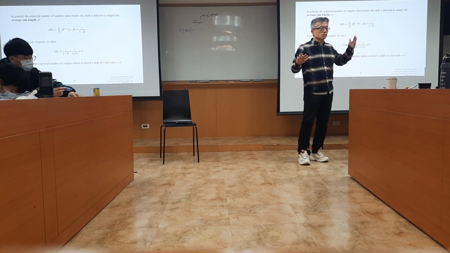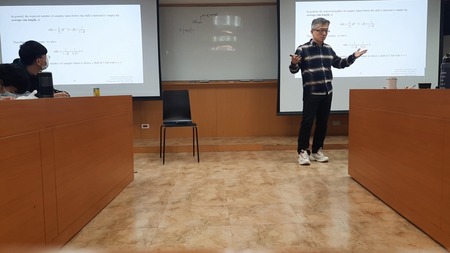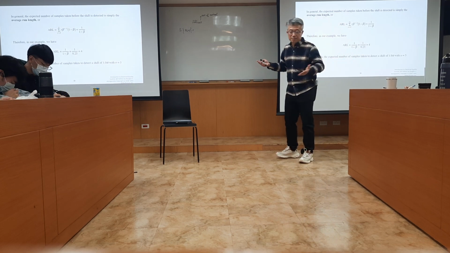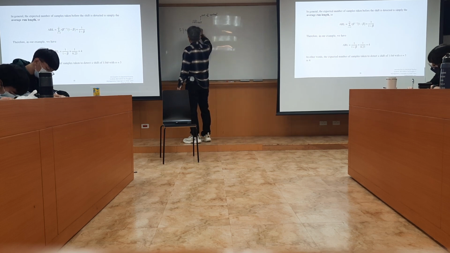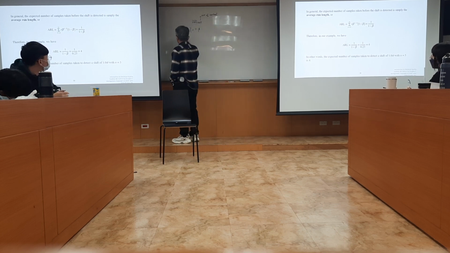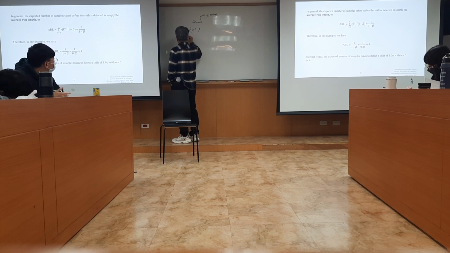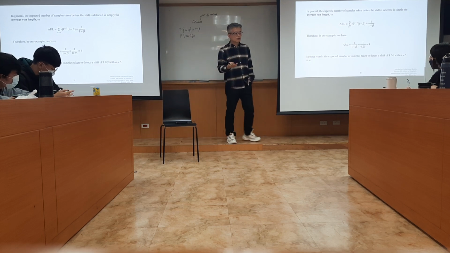That means we do not commit a type error, we detect it. That's the power, right? Now, when the run length is equal to 2, when the process is out of control.